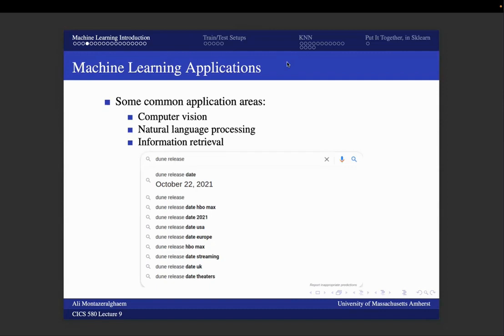The system needs to predict some terms and then show these terms as the next words that you want to enter to complete your query.